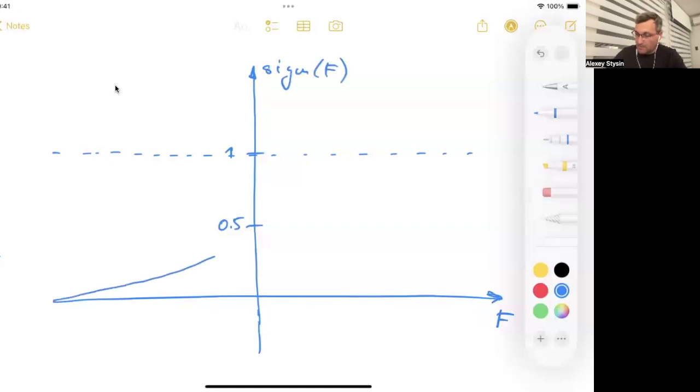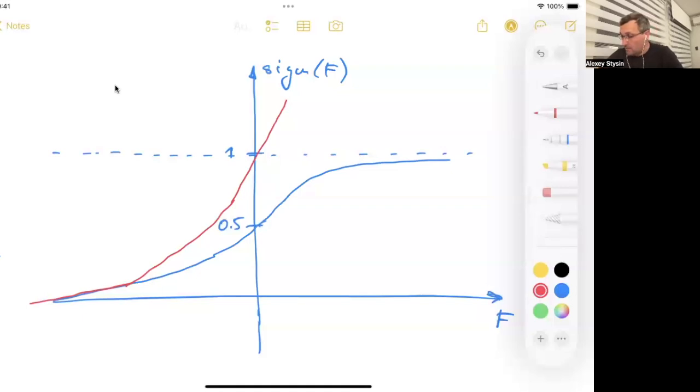The plot looks something like this. And if we draw the exponent, we would see that in the range of large negative f's, the exponent and the sigmoid are the same function, and they diverge closer to 0, where the exponent crosses 1 and goes up there.